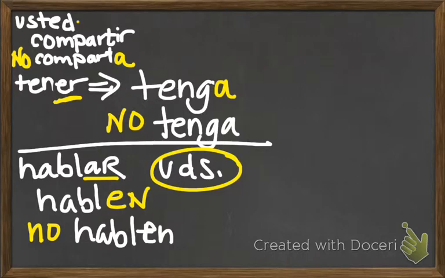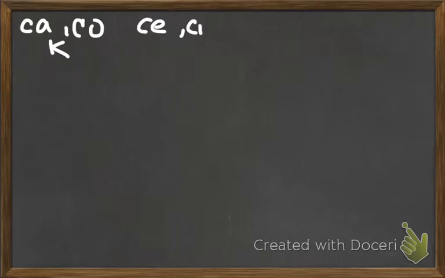Let's look at some spelling issues. You remember when we talked about our spelling that ca and co have a hard k sound, but ce and ci have an s sound. Okay?